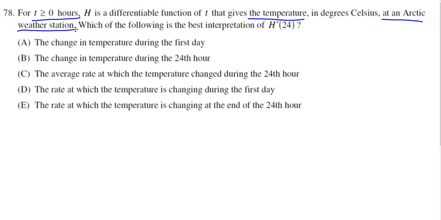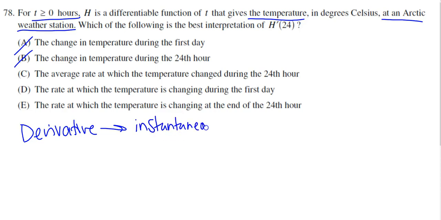So I can automatically, let's write this for our correction: derivative implies rate. So I can automatically take out A and B. I can actually take out C as well, because let's write this, it's instantaneous rate. Okay, it's not the average rate, it's the instantaneous, right?